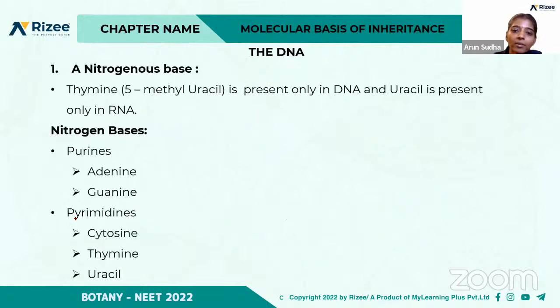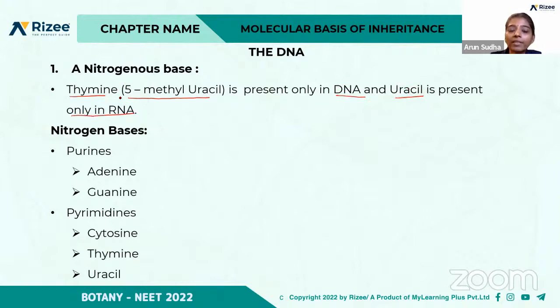Okay, so if you take a nitrogenous base, thymine, that is 5-methyl uracil. So you know the structures, right, about the purine and the pyrimidine bases. Thymine is the nitrogenous base which is present only in DNA, but uracil is present only in RNA.